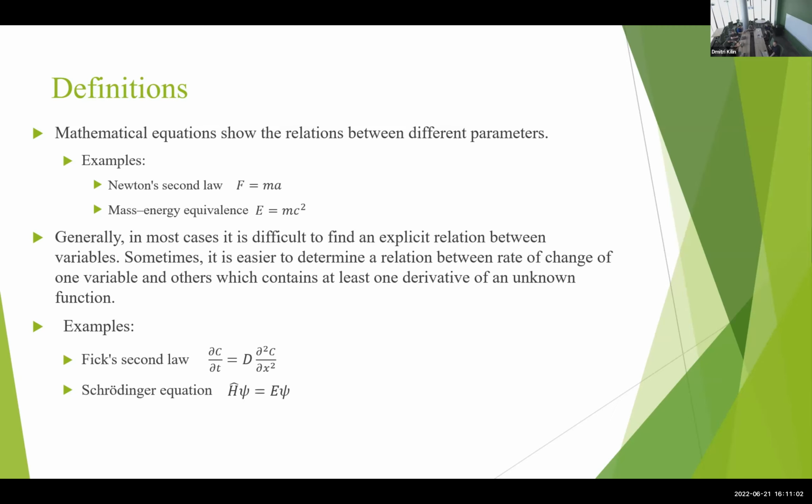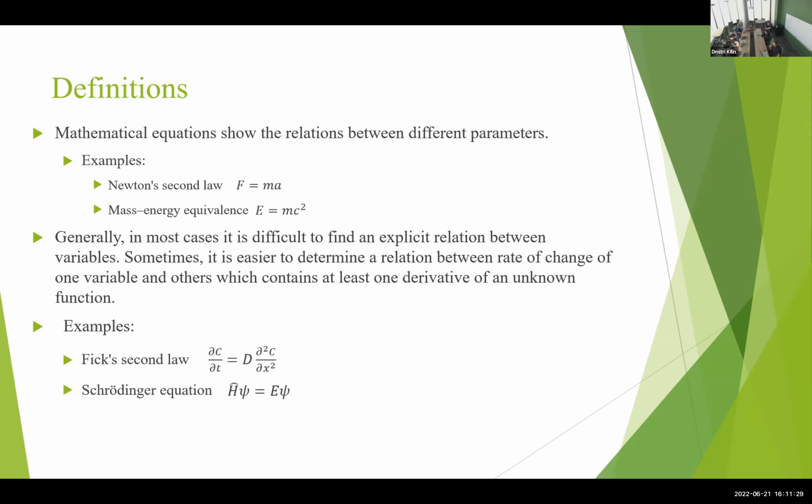If an equation contains the change or rate, whether with respect to time or location, we call it a differential equation. Famous examples are Fick's second law, which describes diffusion with respect to time and location, and also the Schrödinger equation.